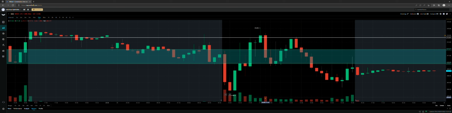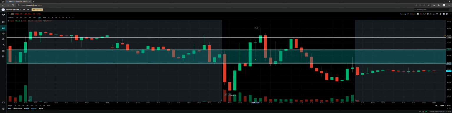You can see this is elevated volume over the buying. Look at the buying volume here, here, and look how strong this selling volume is.